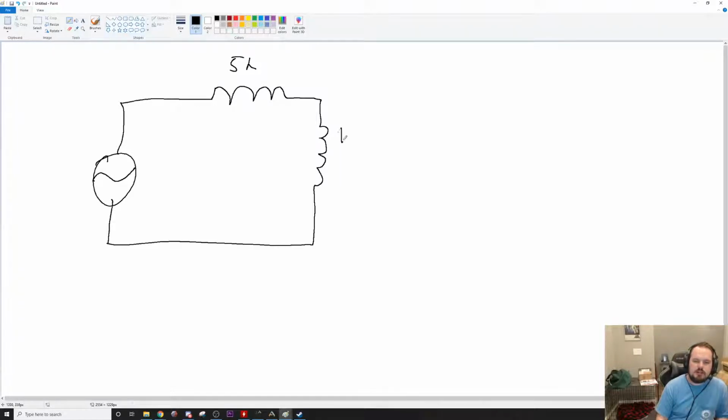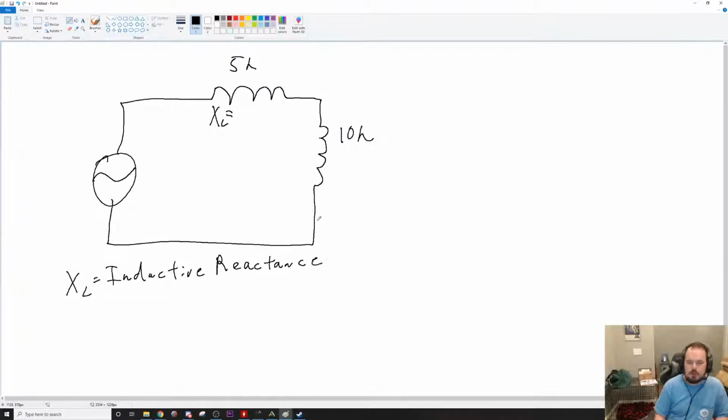Five Henries and 10 Henries. And let's say this has X of L, that's inductive reactance, of 50 ohms, and it was double, so let's say X of L here is 100 ohms.